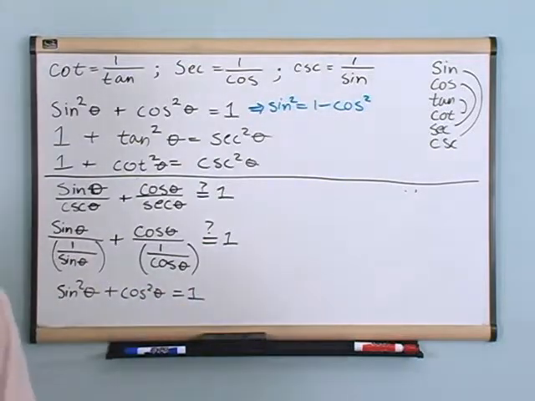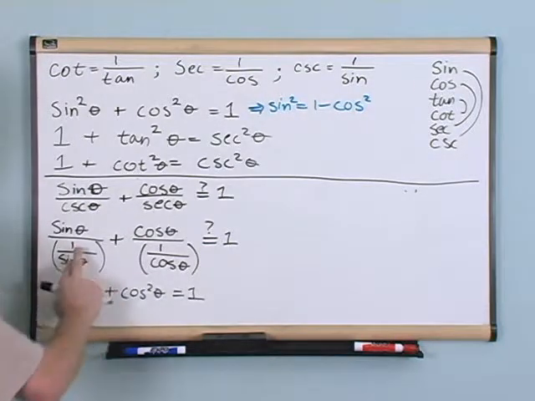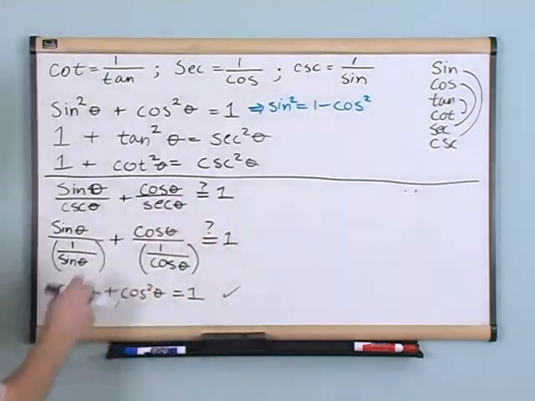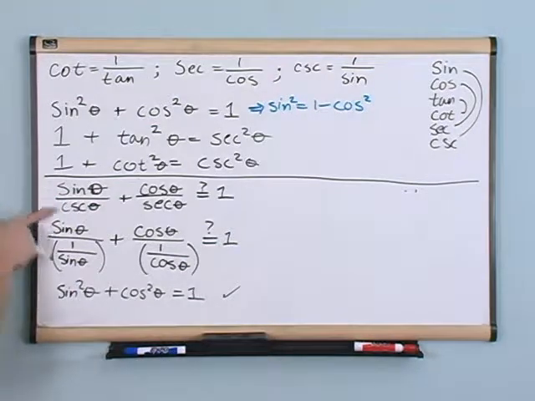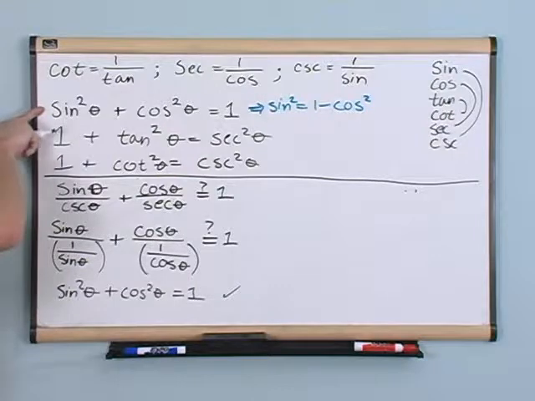That's going to be the answer to the question, because when you're dividing these two things by each other, you're going to take the bottom, flip it over, so you have the sine times the sine on the top, which gives you sine squared. Now you can stop exactly right here, because you've started at this point, you've ended at this point, and what you've arrived at is something that you know to be true.